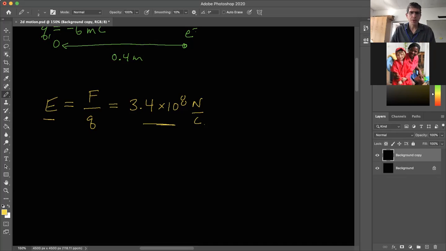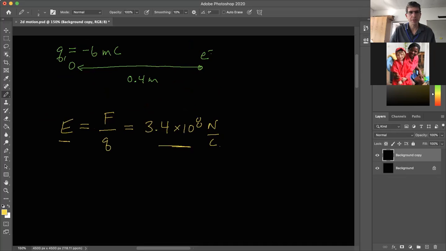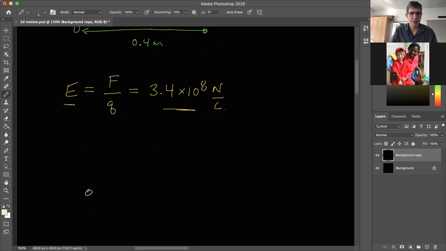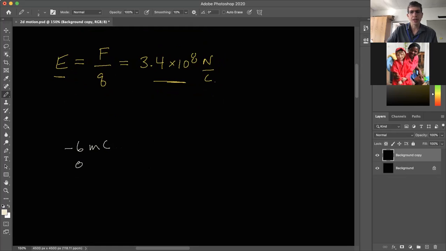Now, the way I go about a problem like this, a couple of things about this, just some background information. The way that we think about the electric field, let me draw this as a separate picture. So we have this charge, the negative 6 millicoulomb charge. What they're trying to get you to think about is that this charge is going to set up an electric field around it, and we draw the electric field with what we call electric field lines.